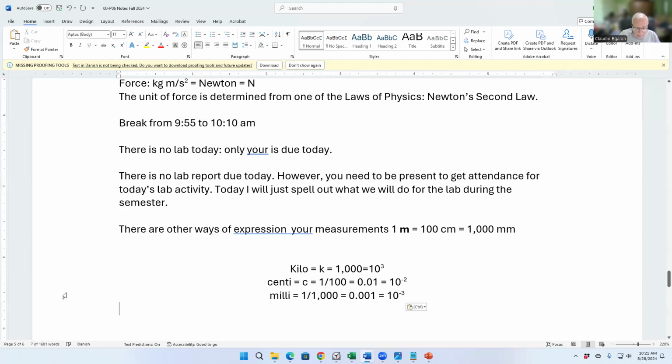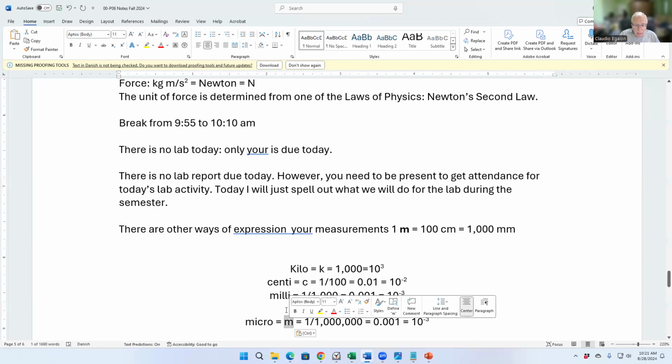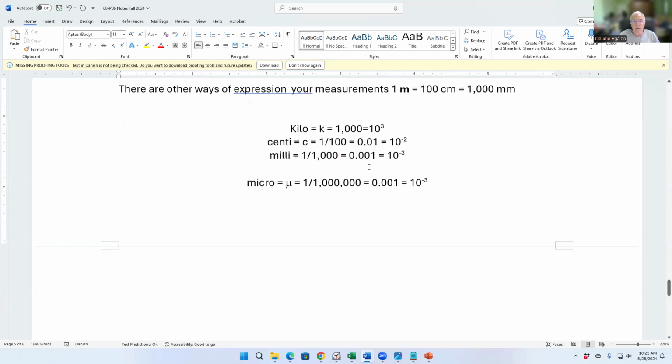If you want to learn a little bit more, for smaller quantities we also have the micro, which is 1 divided by 1 million. The representation of the micro is the Greek letter corresponding to M, which we call mu.